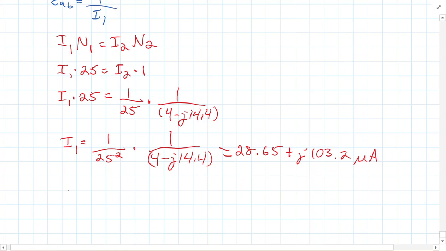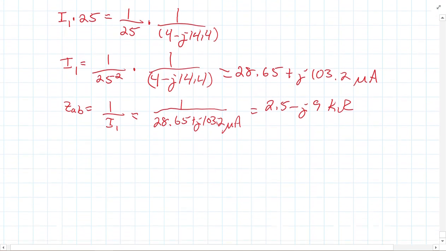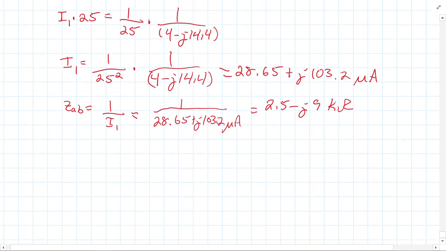Now if you have this in your calculator, remember we're just getting that my ZAB is simply 1 over I1, so you could literally just do the reciprocal of your answer. You don't have to literally type it in like this. You can just use your calculator and do the reciprocal of this. And if I do the reciprocal, I get 2.5 minus j9 kiloohms.